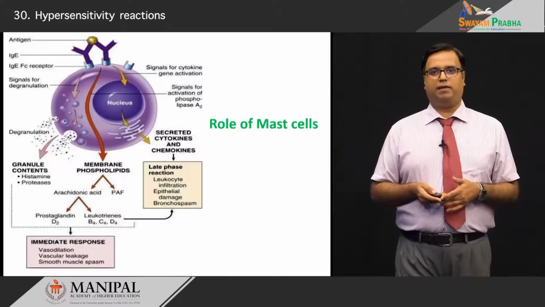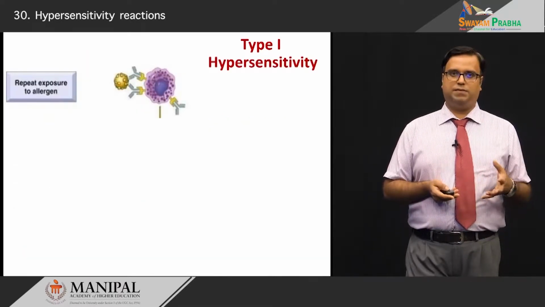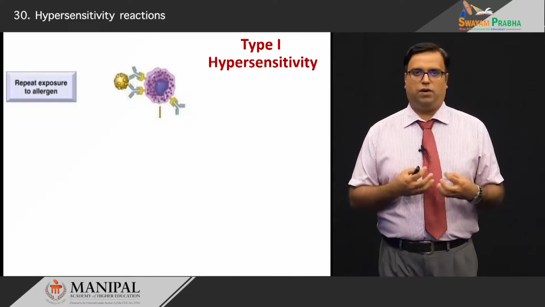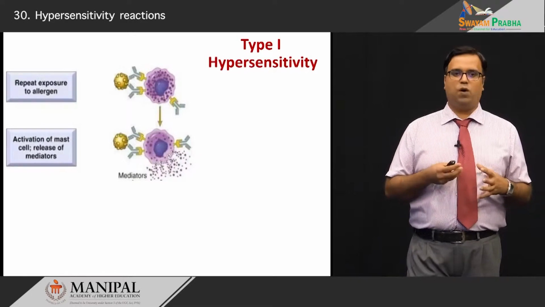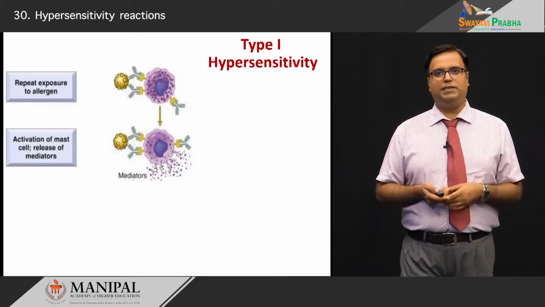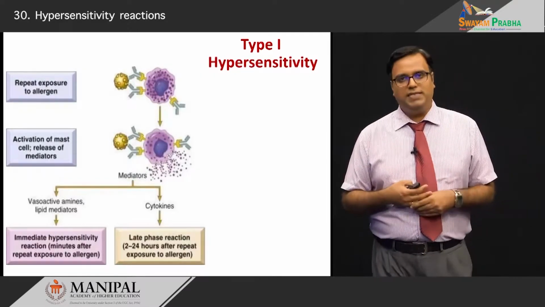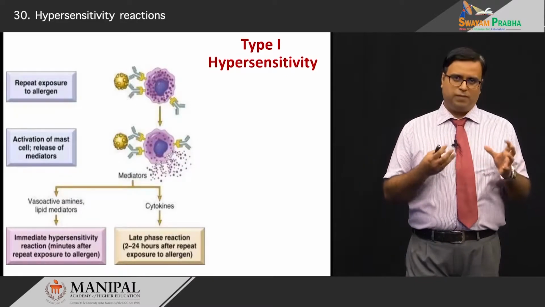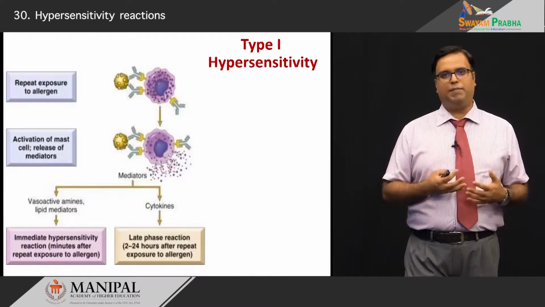Now, having known this background, we will go back to the reaction that we were dealing with, which is hypersensitivity type 1. Once the mast cells bind on their surface all these IgE molecules, they immediately degranulate and release all of their substances. This is quite a sentinel event in this reaction, because what happens downstream is a release of a lot of vasoactive amines and lipid mediators, which brings in the typical triad of reactions minutes after the repeat exposure to the same antigen.